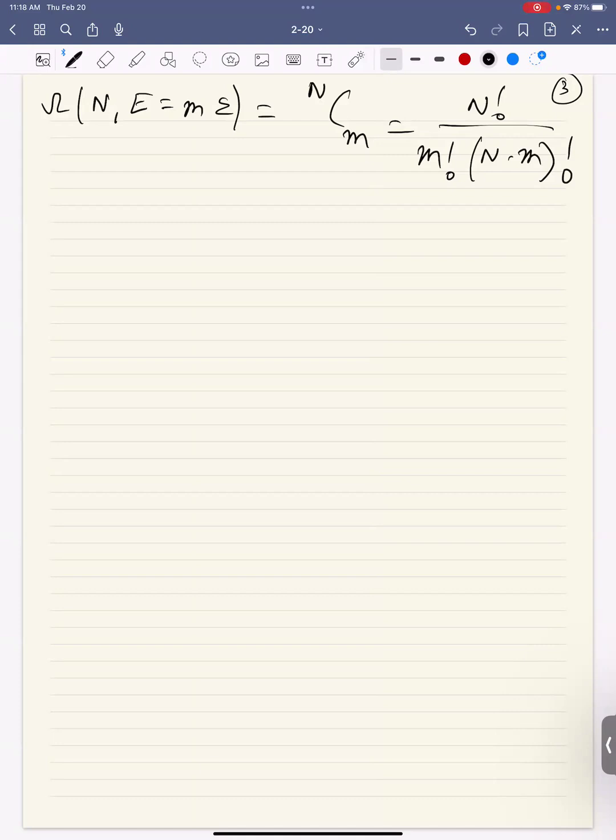So, okay. Now we know we want to replace m because we are interested in understanding what happens for the energy E, right? So m is related to E by epsilon, right? What is m here? m is the number of particles in excited state, right? Great. So let's work with it.